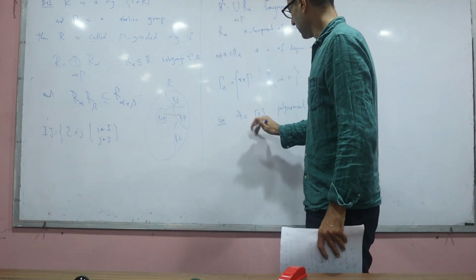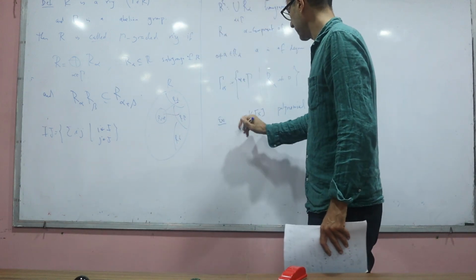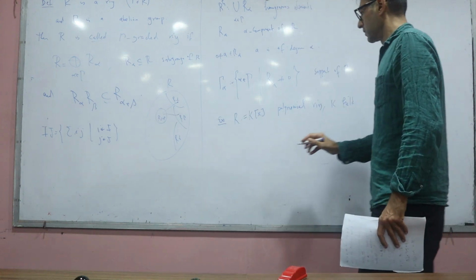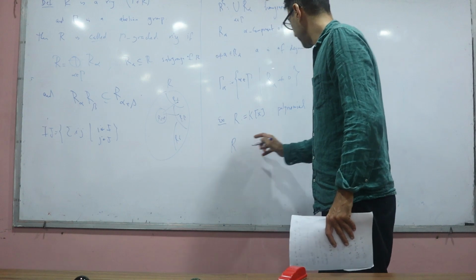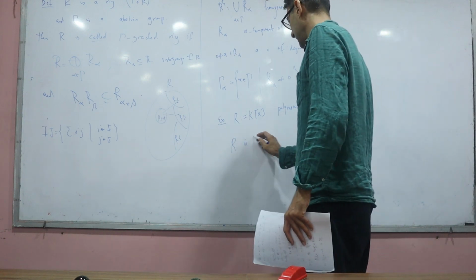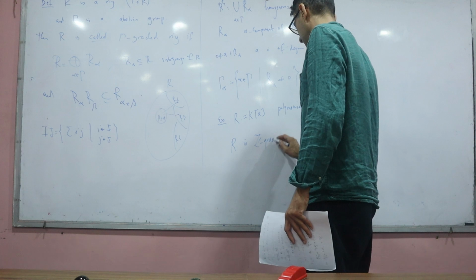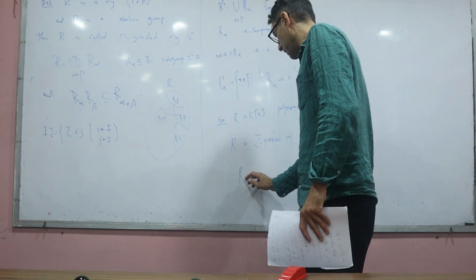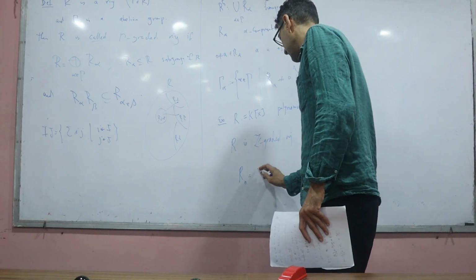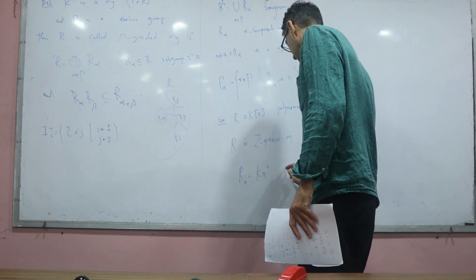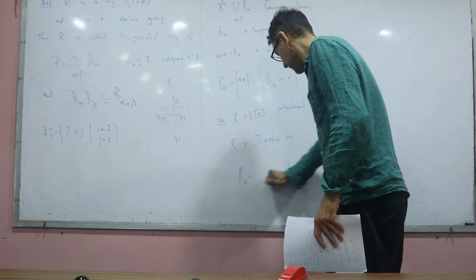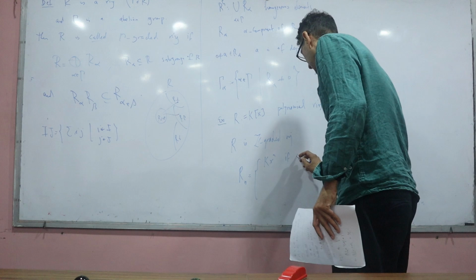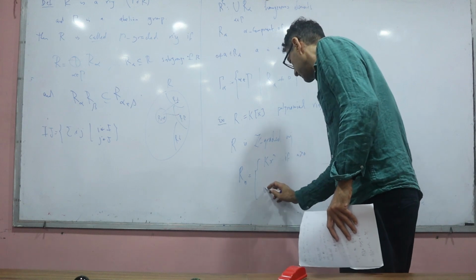So can I just put here a field K, and this is R. I'm sure you can guess. And I'm going to say that R is a Z-graded ring, so I have to give you all these components. So Rn is K[x]_n, can I just write it this way? K[x]_n if n is larger or equal to 0 and 0 otherwise.